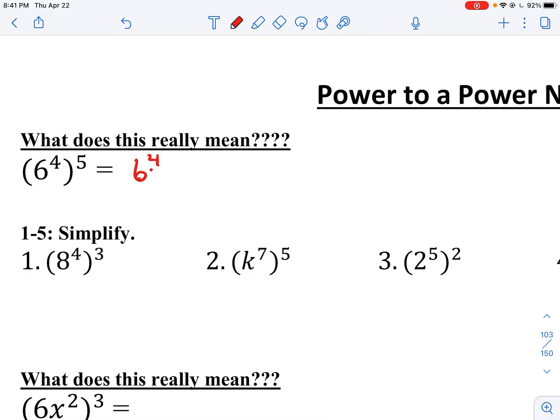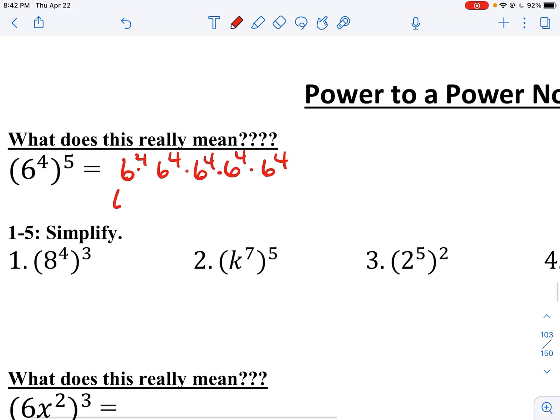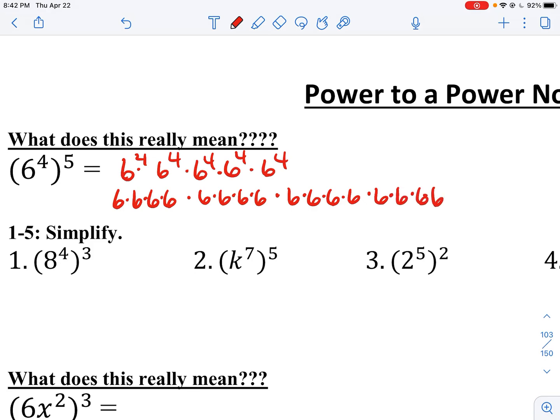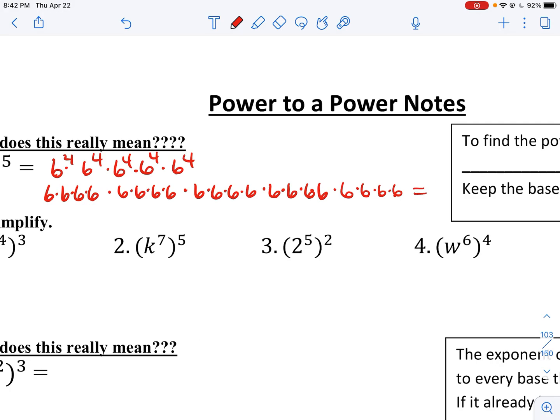So I have 6 to the 4th, five times, which also means 1, 2, 3, 4 for each one. When I count all those up, I have 26 sixes.